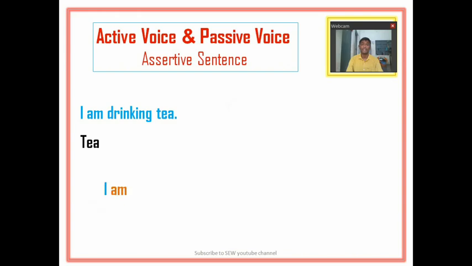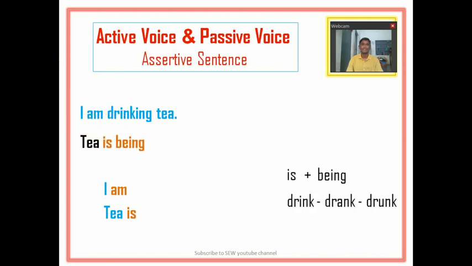But what is the subject in passive voice? Tea is the subject. So tea am or tea is, which is sounding good? So tea is, right? So is plus being, is being. The verb forms of drinking are drink, drank, drunk.